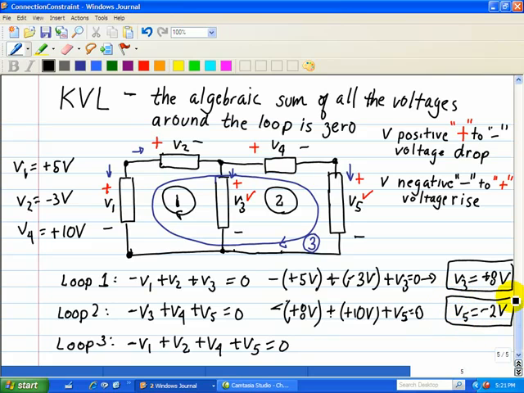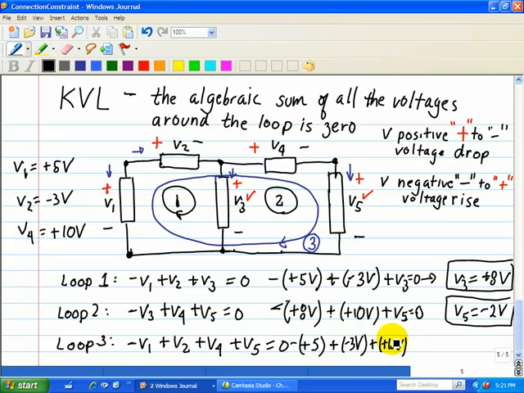Okay, so we already found our unknown variables V3 and V5. Now let's take a look at loop 3 and see if it's consistent. In fact, the loop 3 voltage equation can be generated from loop 1 and loop 2, so we really didn't need loop 3. Here V1 was given as plus 5, so there's a negative, plus 5 volts. V2 is a plus, minus 3 volts, and V4 is a plus 10 volts.